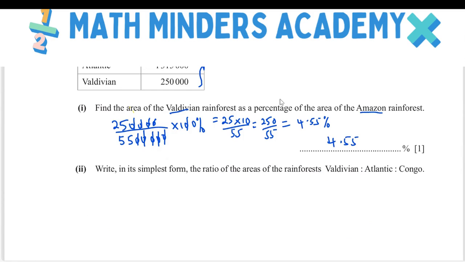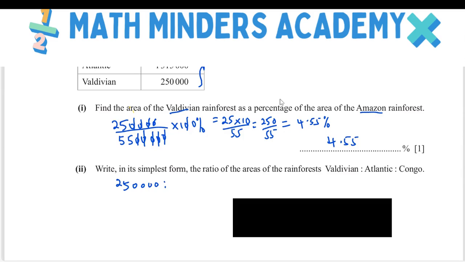Then the 1B here says write in its simplest form the ratio of the areas of the rainforests, Valdivian ratio Atlantic ratio Congo. All right, so we are going to have Valdivian, which is 250,000 ratio.